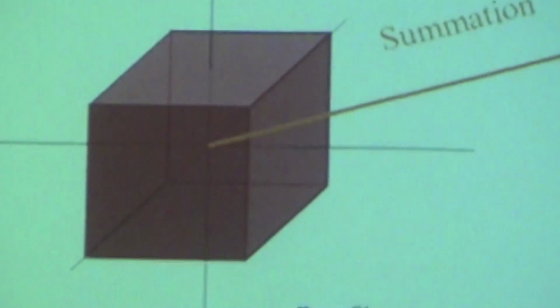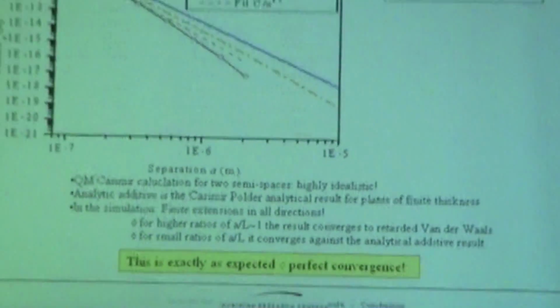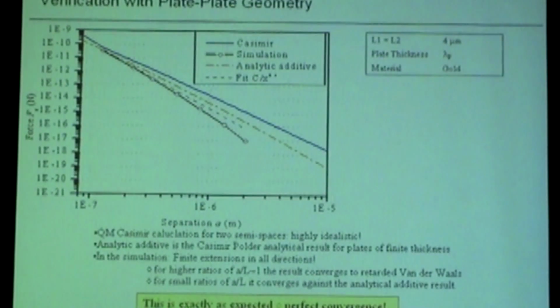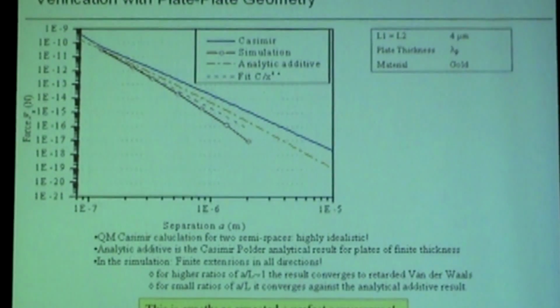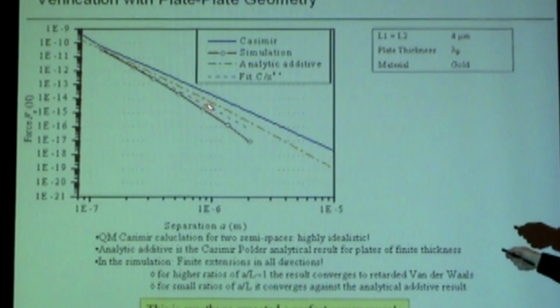Okay, so this is the typical finite element scheme, and what you can see, we tried of course to test this simulation software against the analytical solutions. We tested it against plate to plate, plate to sphere, wherever we had analytical solutions. The red line is our simulation.